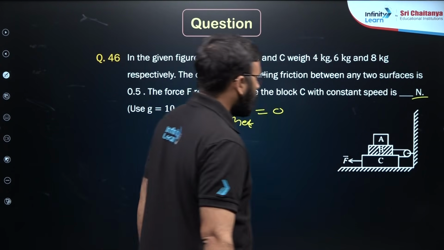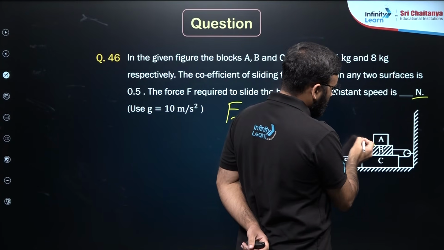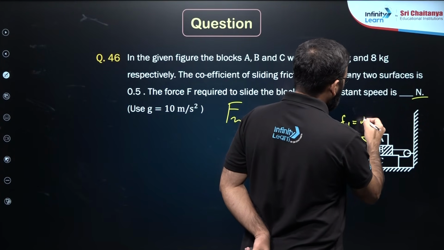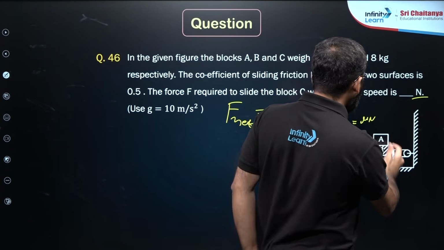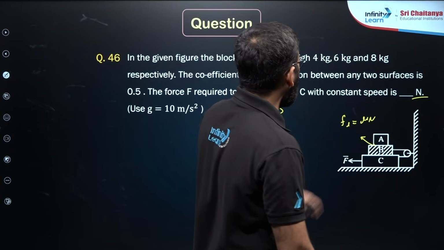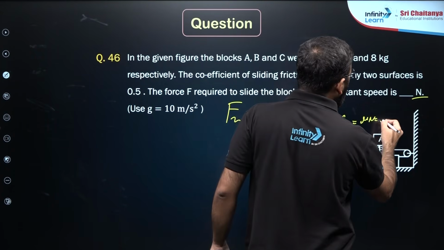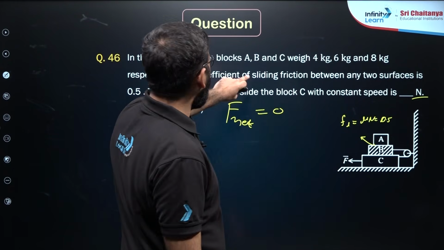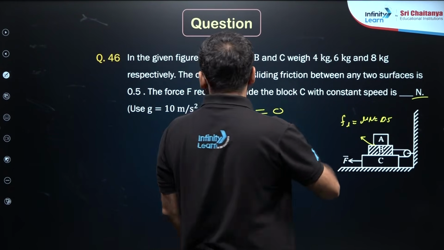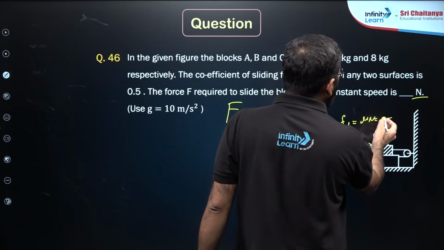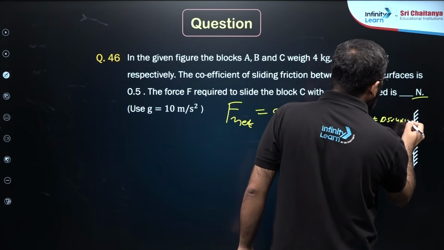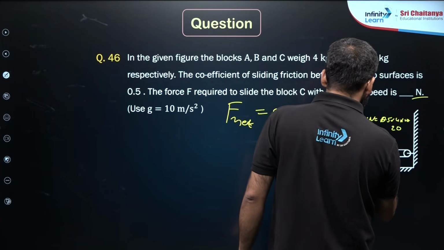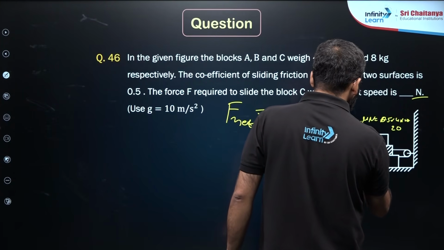So first we find the limiting friction between them, that is FL. FL equals mu into N, which is mu mg. For A only, that is 0.5 into mg. First, block A is my 4 kilogram, 4 into g equals 10, so 20. So FL equals 20.